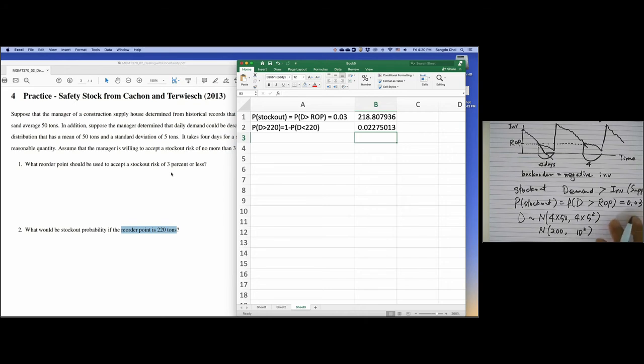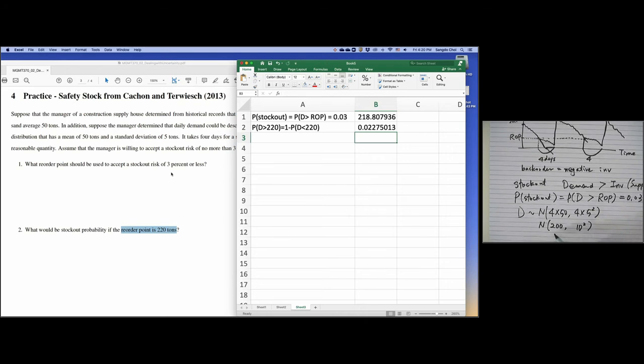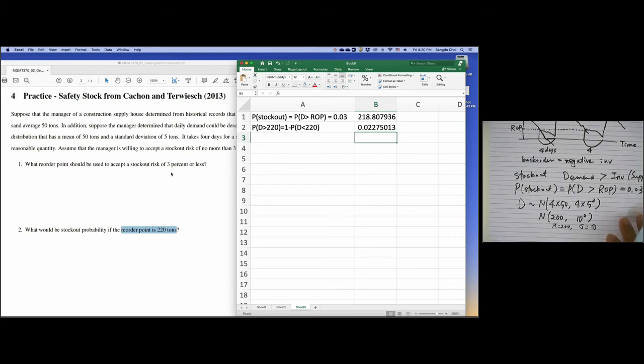Then this means your mean is 200, and sigma for the next 4 days is 10, not 5. So with this, now you can compute this one, right? So back to our problem. Now P of stock out is equal to the probability that demand is greater than ROP, and this is actually 0.03.